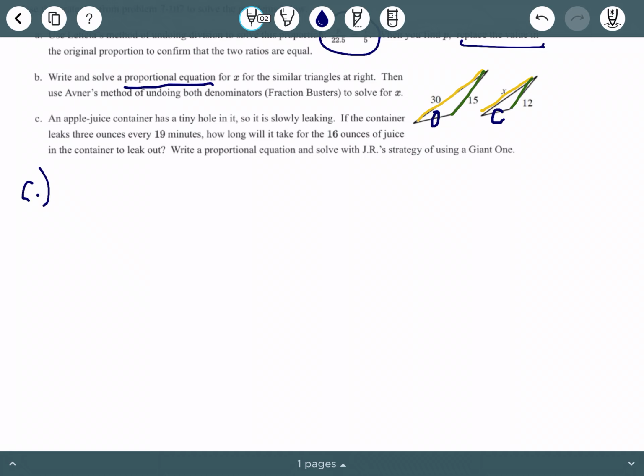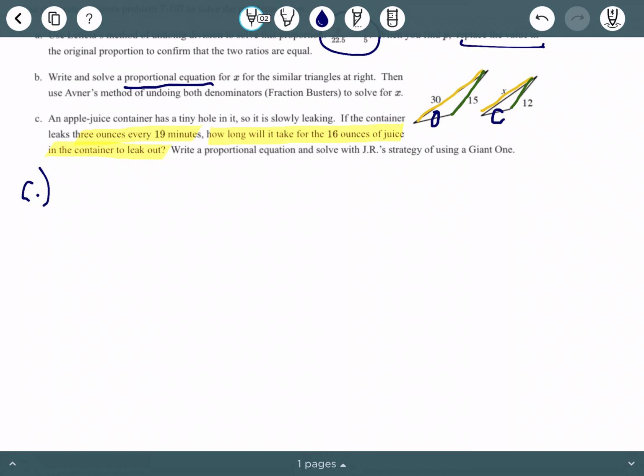Alright, so to do this, I need to sift through these words and figure out how I can come up with a proportional equation based on what it's telling me. So, let's see, it says the container leaks 3 ounces every 19 minutes. We need to figure out how long it will take for the 16 ounces of juice in the container to leak out.